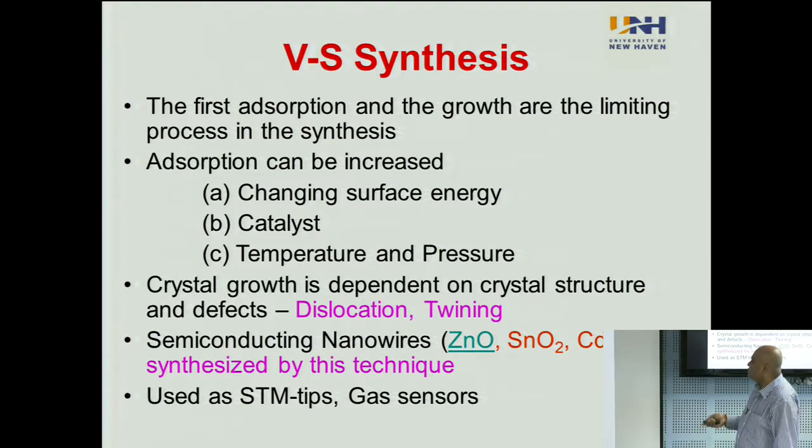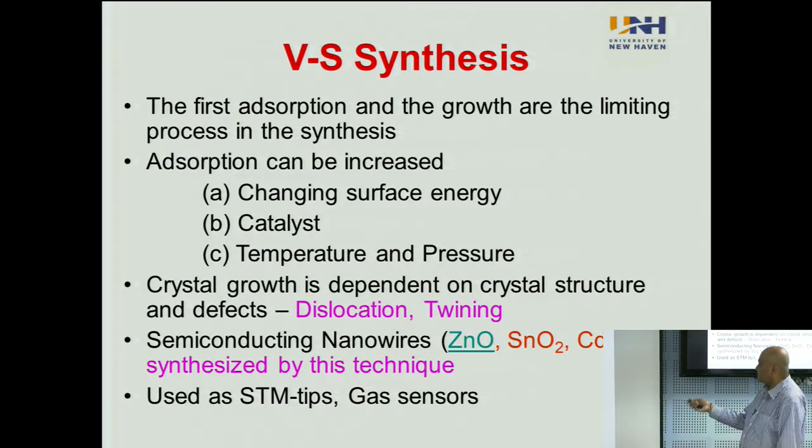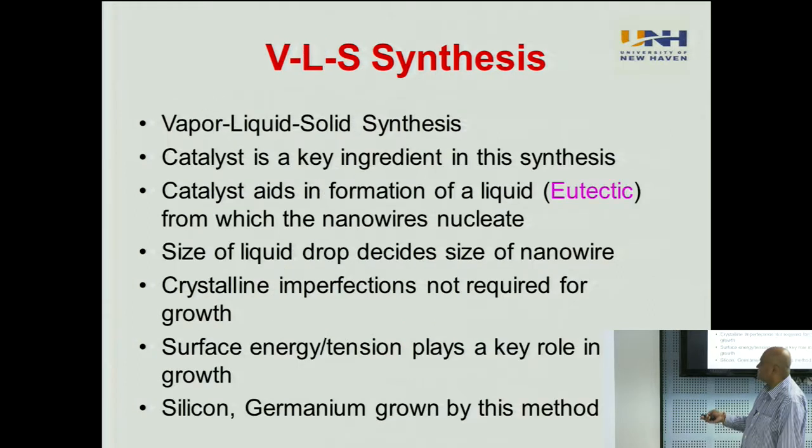Again you need a nucleation. For nucleation sites, sometimes if you have intentionally made some defects on this crystal, those may be the nucleation sites from where things start to grow, and those defects are known as dislocation or twinning. Zinc oxide semiconducting wires are synthesized this way.